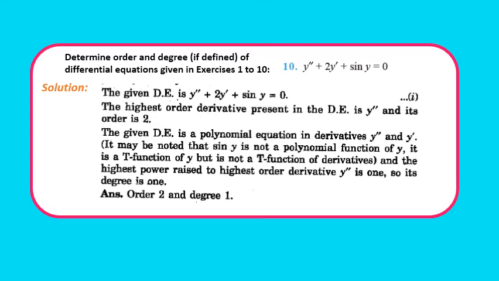So the degree of the given differential equation is 1. Clear? Now again, we have sin y. But if it was sin(dy/dx), that is a trigonometric function of a derivative, then the degree of the given differential equation would not have been defined. Keep this point in mind. Okay, so pause and note down the solution.